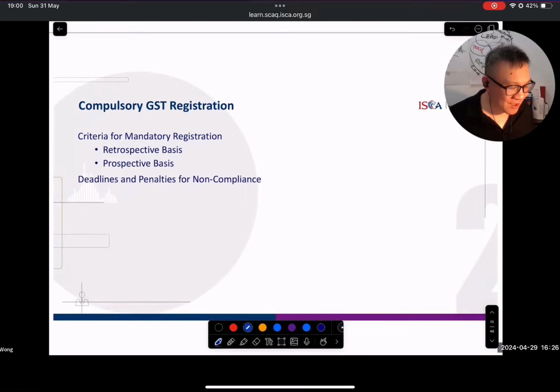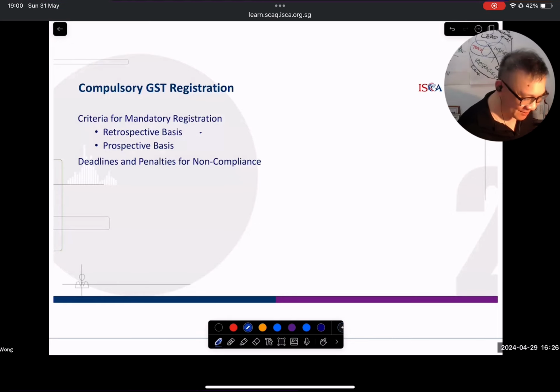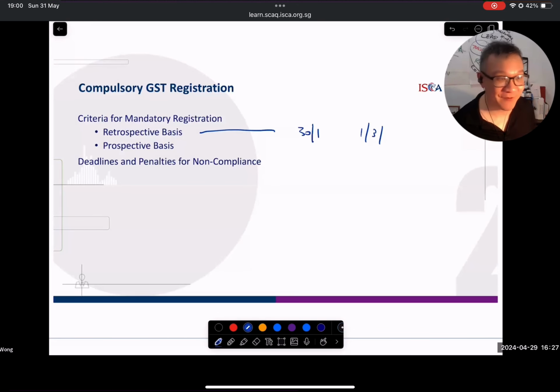And then let's talk about the deadlines and the penalties for non-compliance. As you know, the deadline is 30 days, so it's very, very straightforward now. The magic day for the retrospective basis is the following year's 30th of Jan. The effective date of GST registration is the following year's 1st of March.